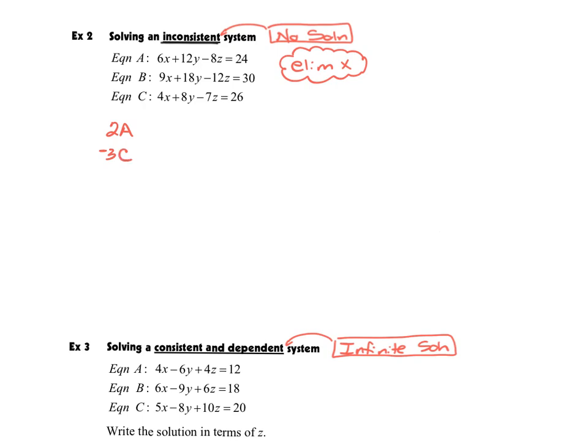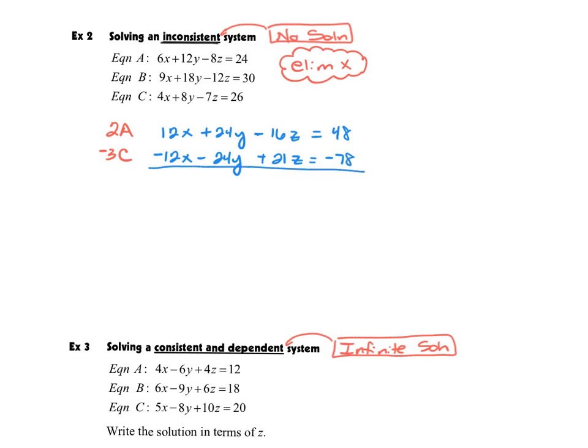When I do that, what I end up with is 12x plus 24y minus 16z, I like to cross my z's so they don't look like a 2, equals 48. And then my -3 times equation C is -12x minus 24y plus 21z equals -78.